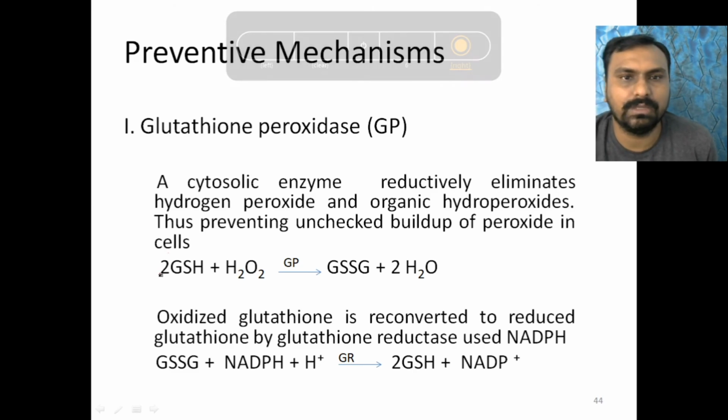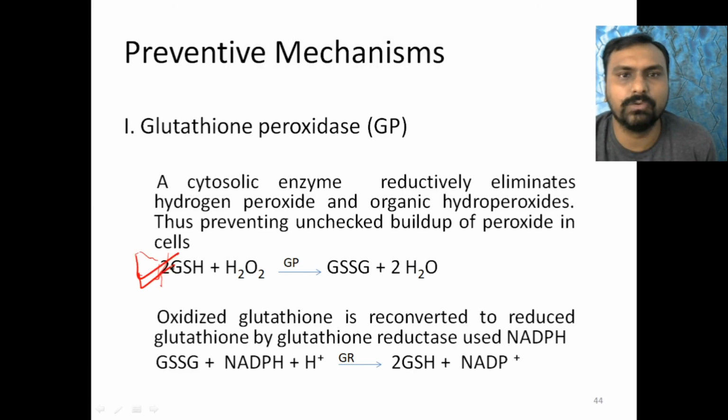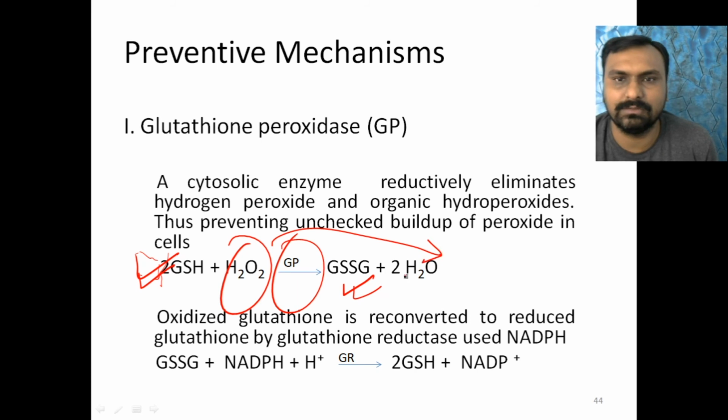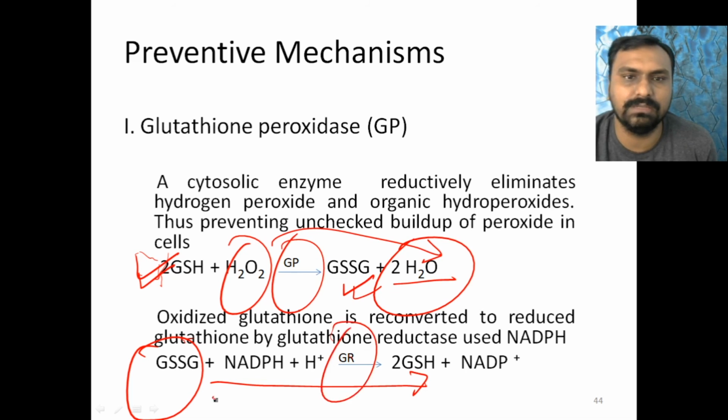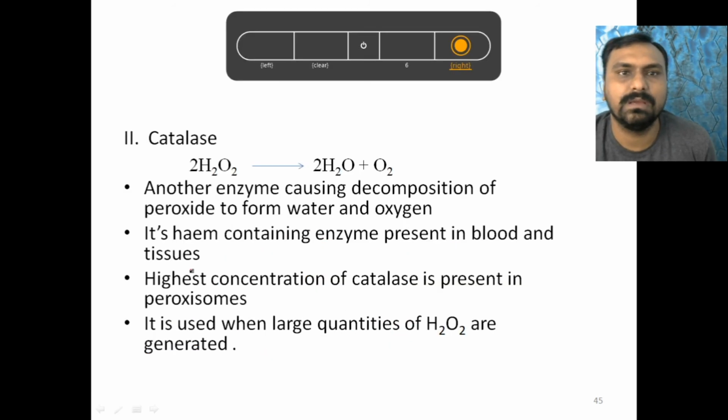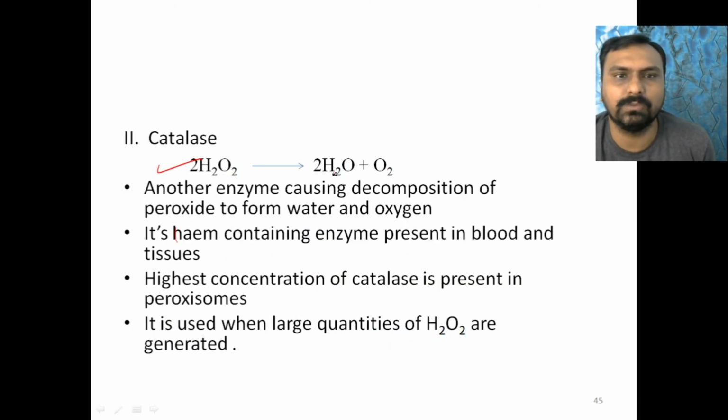Okay, so as we know, reduced glutathione is converted to oxidized glutathione with the help of glutathione peroxidase, and H2O2 is converted to the less toxic form, that is H2O. This oxidized glutathione is again converted back to the reduced form by glutathione reductase with the help of NADPH. Catalase converts H2O2 to H2O, and catalase is present highest in the peroxisome.